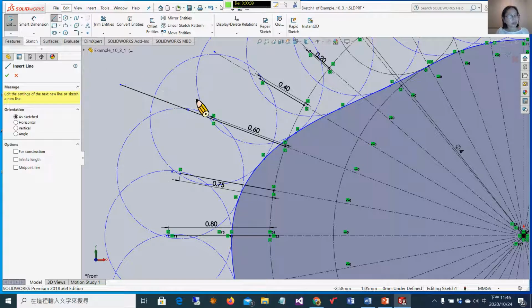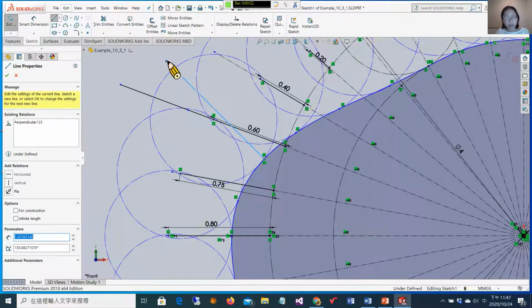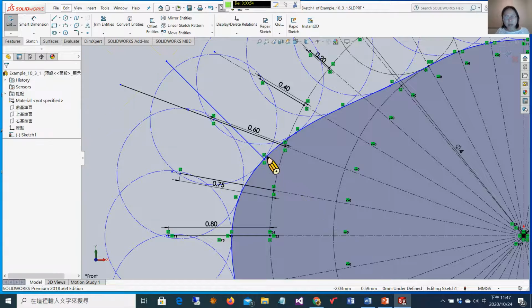And draw a normal line from the cam contact point. The contact point is here, and I draw a line. This line is the normal line for the cam profile. So the angle between the two lines is the pressure angle.